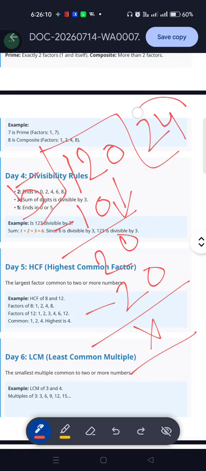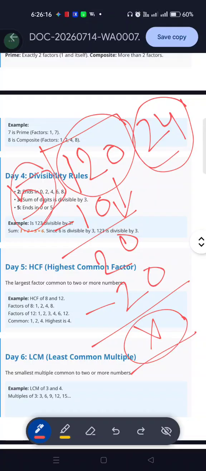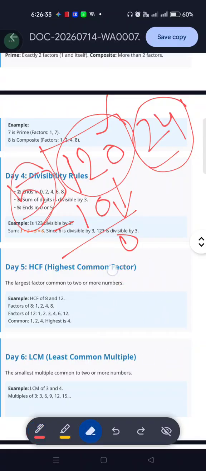So you got the quotient 24 and no remainder, so it means that 120 is completely divisible by 5. Okay, in the last ones place you can see here 0 is given, so it is satisfying the condition. Numbers which end with 0 or 5 will be completely divisible by 5.